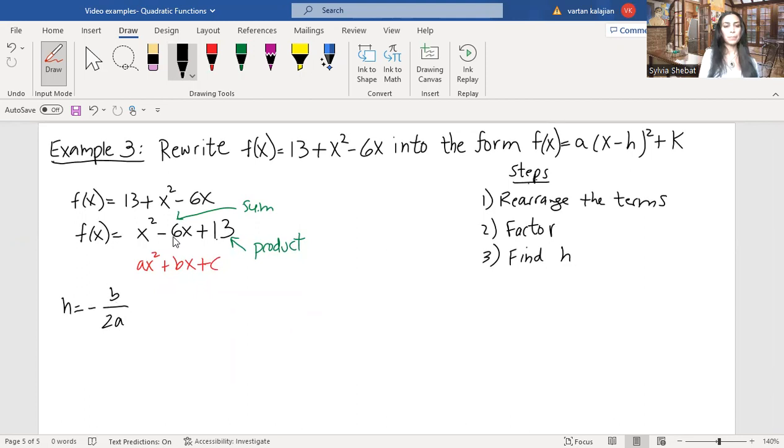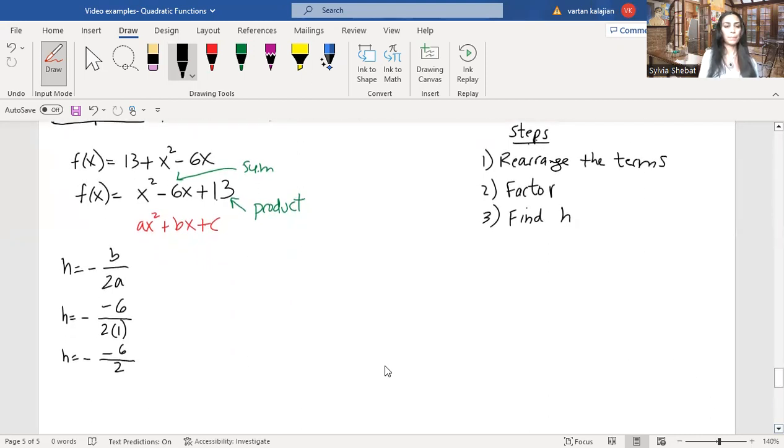So we know that b is -6 and a is 1. So h equals -6 over 2 times 1. h equals -6 over 2. h equals -3, and finally, h equals 3.